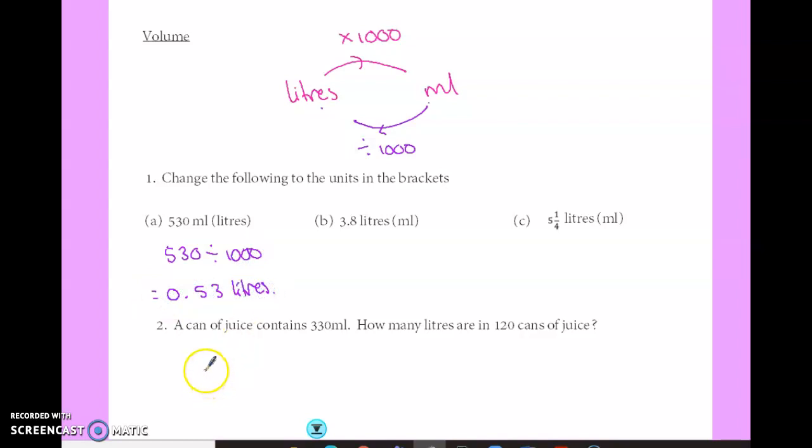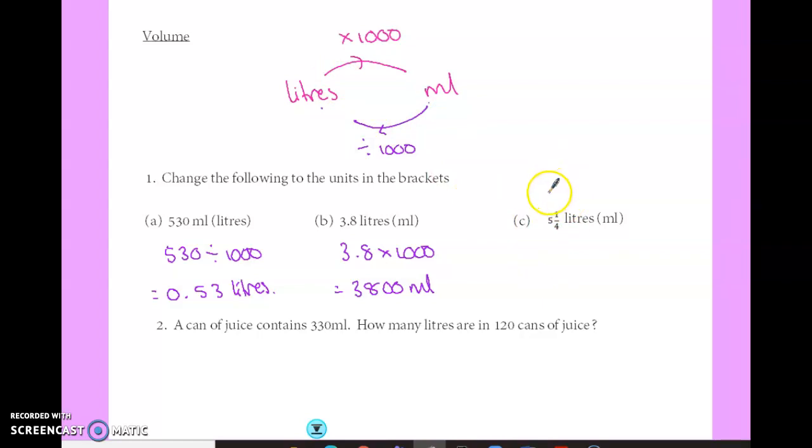litres. B, 3.8 litres into millilitres. So I'm timesing by 1,000, which is 3,800 millilitres. C, we've got 5¼ litres into millilitres. Quarter as a decimal.